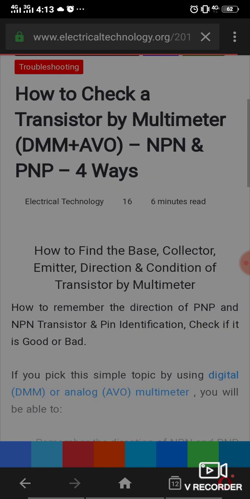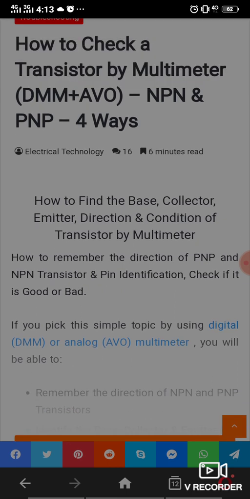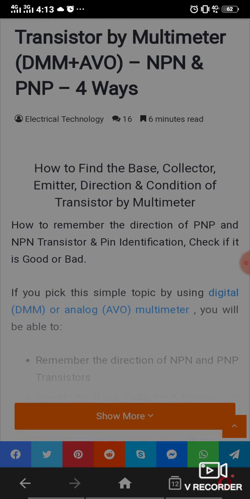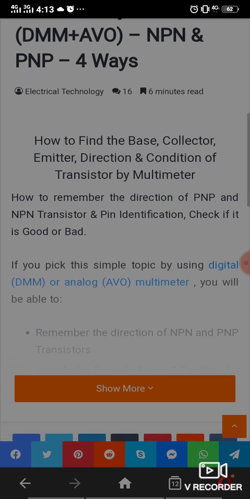NPN and PNP, there are four ways. How to find base, collector, direction and conduction of a transistor by multimeter. How to remember the right direction of PNP and NPN transistor and pin identification. Check if it is good or bad.